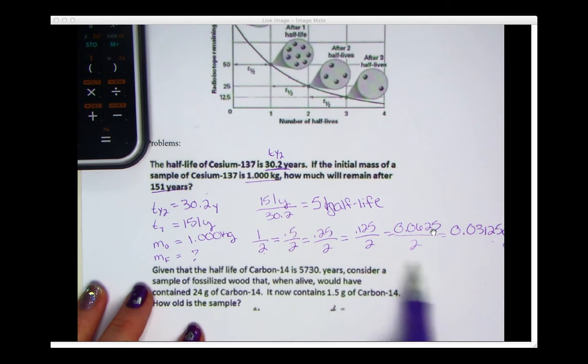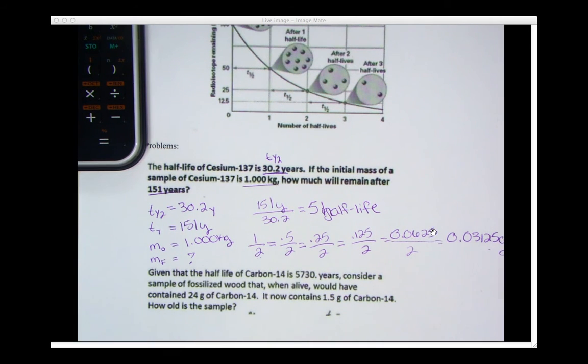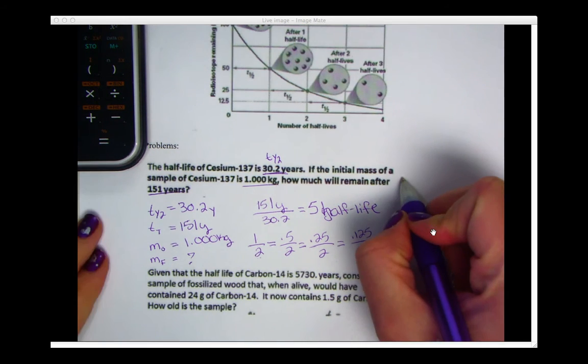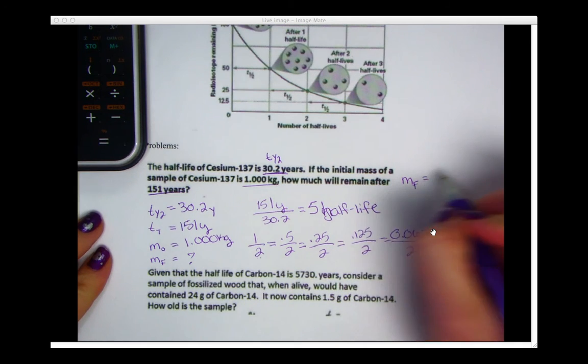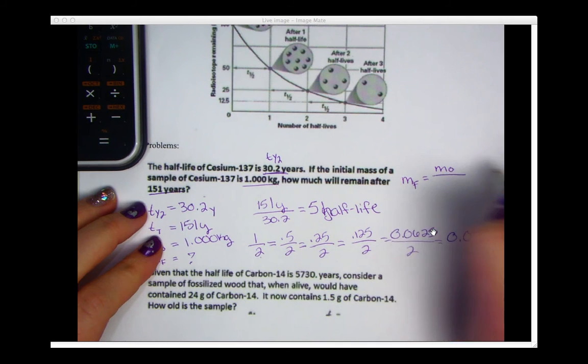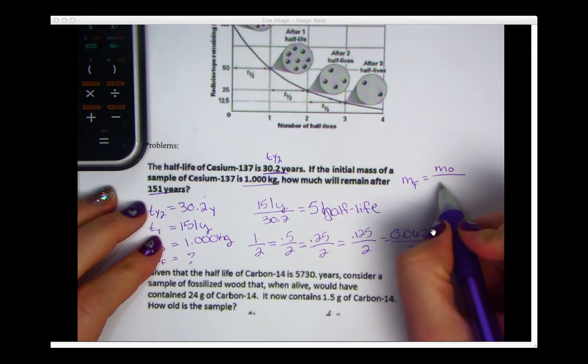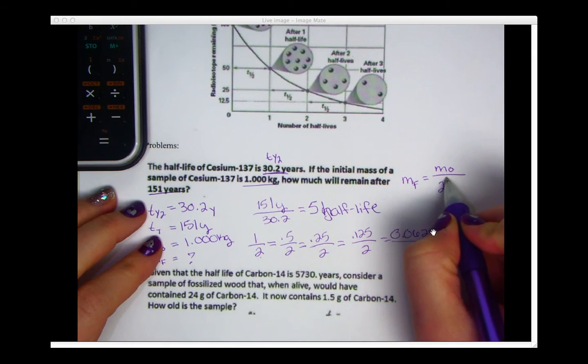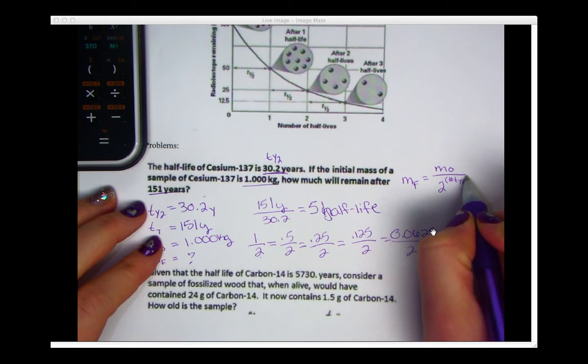There actually is a second way to do this step, so I'm going to show you how to do it really quick. To figure out how much sample you have left, there's a little equation you can use. You can take the mass of your original amount and divide it by 2 to the exponent of the number of half-lives.